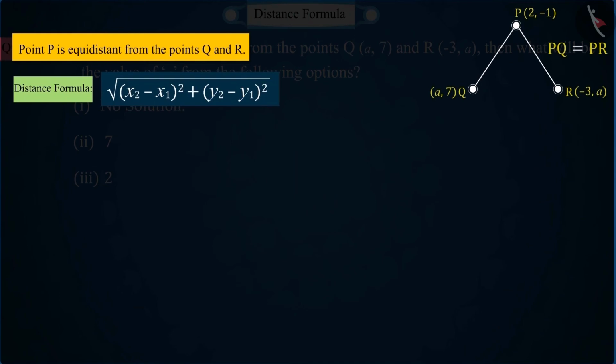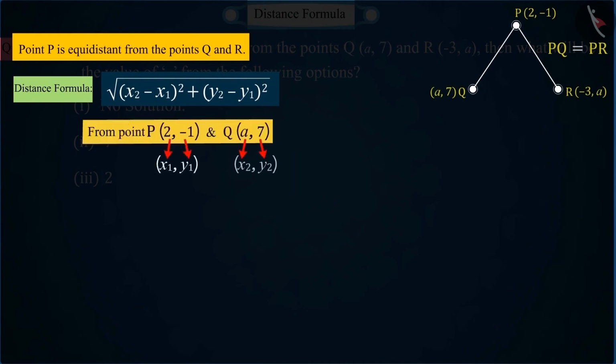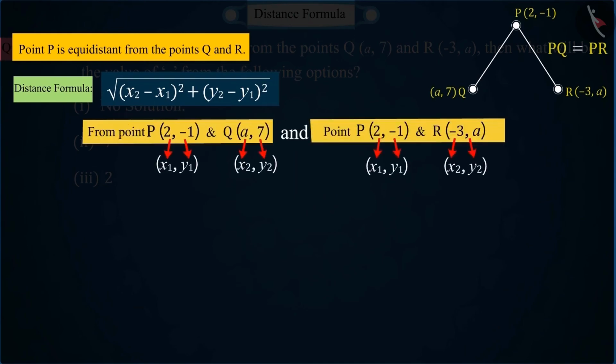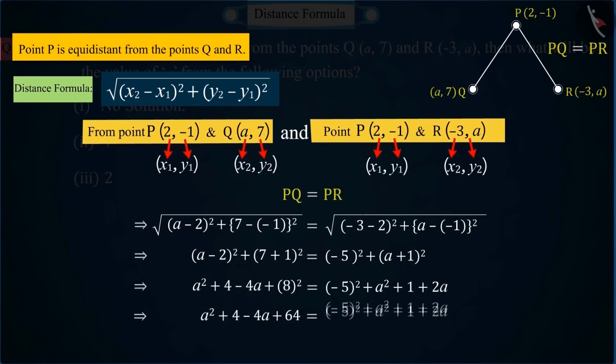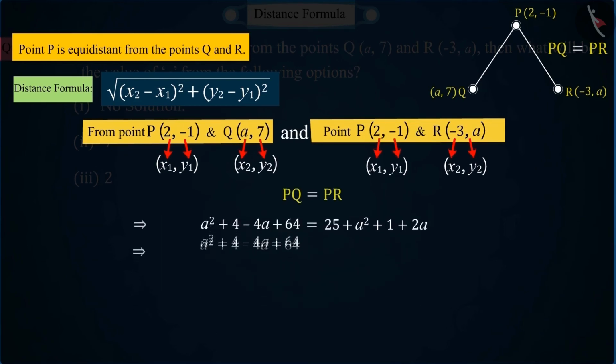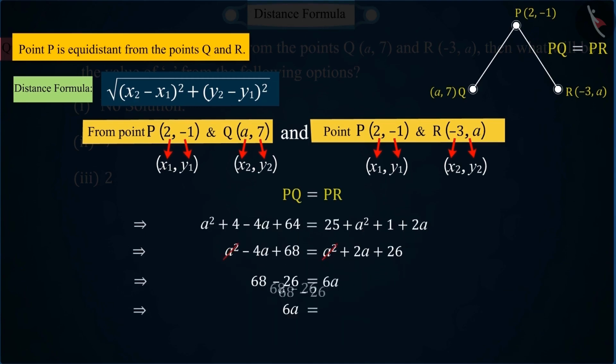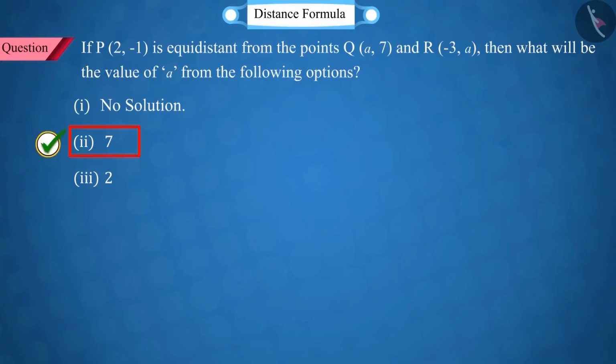Using the points P and Q in the distance formula, and by keeping the values of points P and R, we get a value of A is equal to 7. That is, option 2 is the correct answer.